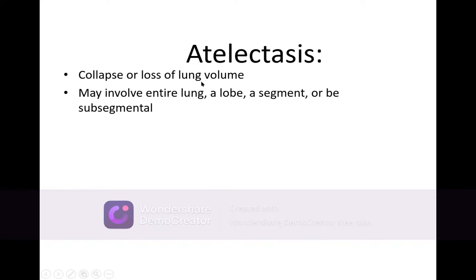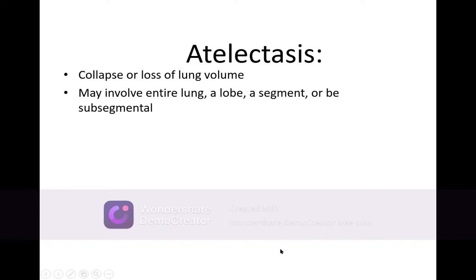They have leaked out all of the air from the alveoli, or they are now in a collapsed state, or you can say they approximate each other. It may involve the entire lung, the lobes, the lobules, or a segment, or it may be subsegmental, a very small portion, hardly 10 to 20% of the lung volume.